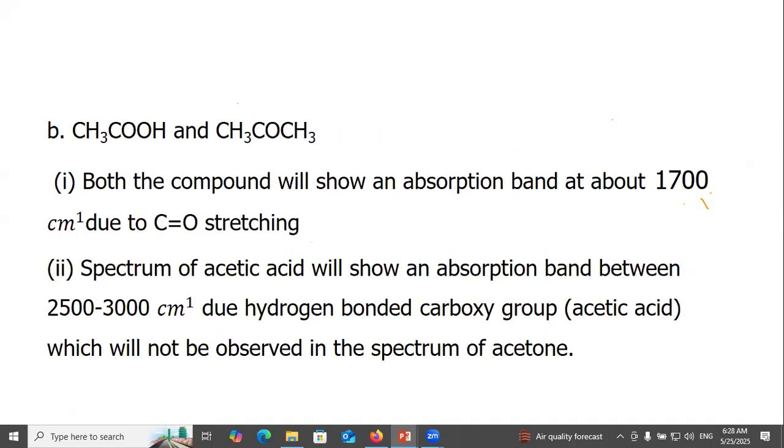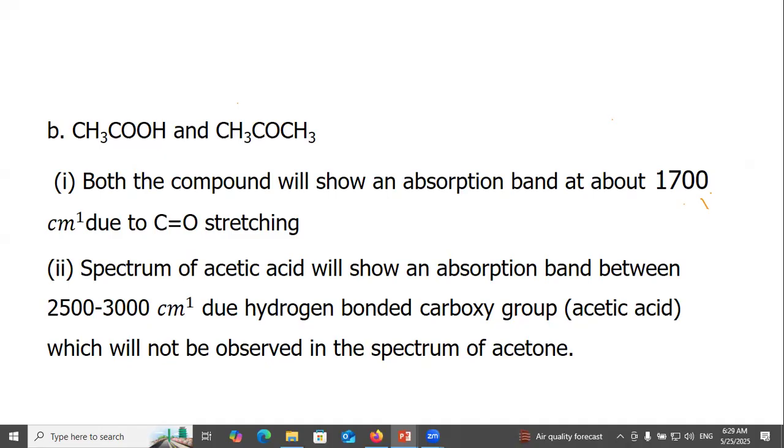In this pair, both the compounds will show the absorption band about 1700 per cm due to C=O stretching. The spectrum of acetic acid will show an absorption band about 2500 to 3000 per cm due to the hydrogen bonded carboxyl group of acetic acid, which will not be observed in the spectrum of acetone.